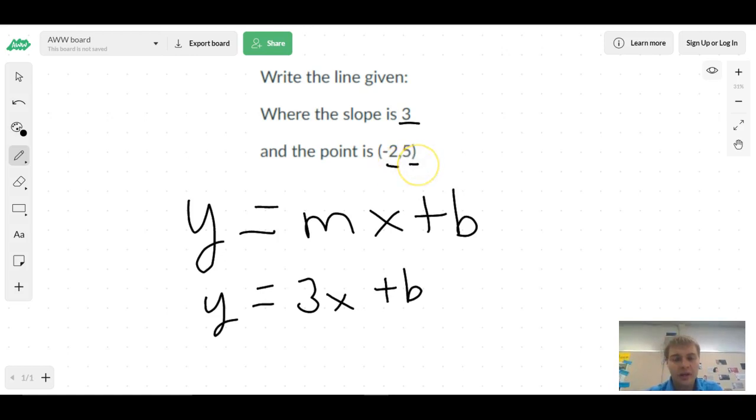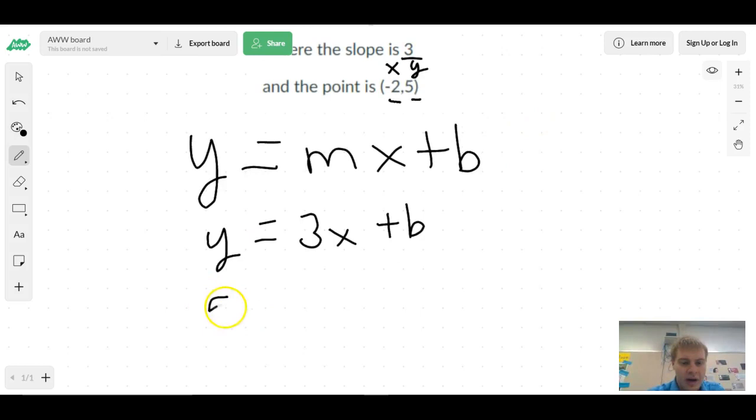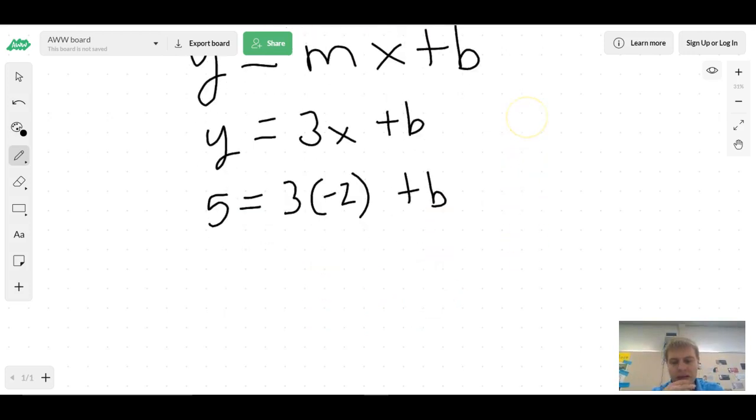Well, I'm going to use these 2 points, and I know that this is an x and this is a y. So because I know this is an x and this is a y, I can plug it in here. So we're going to get 5 equals 3 times -2 plus b. Well, now we're going to get 5 equals -6 plus b.